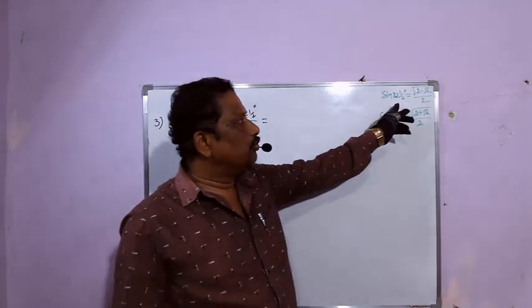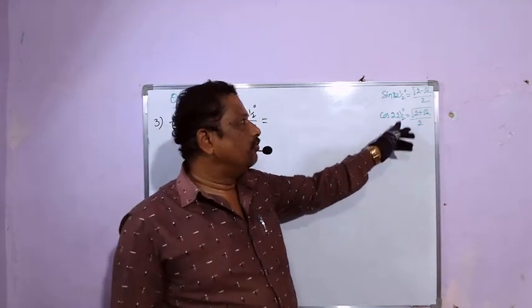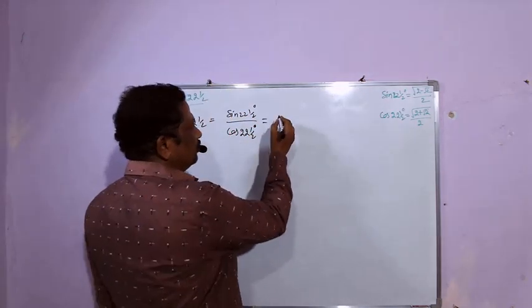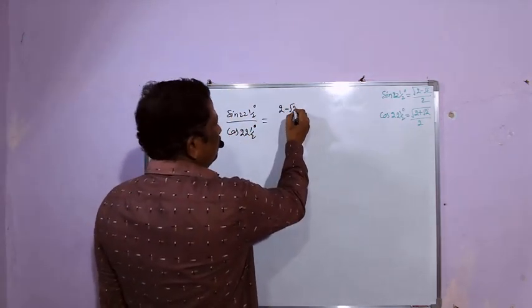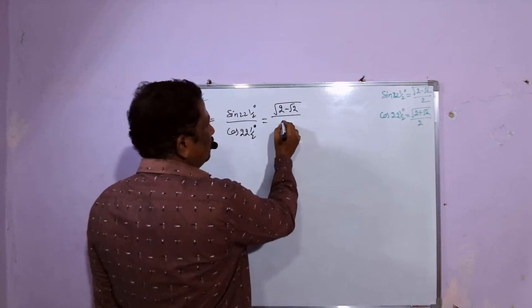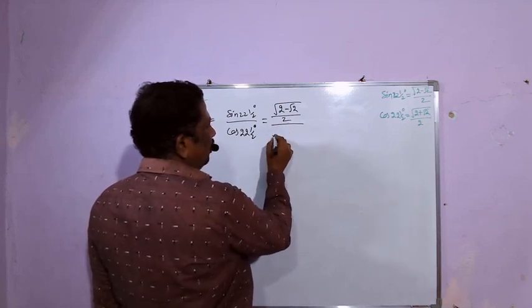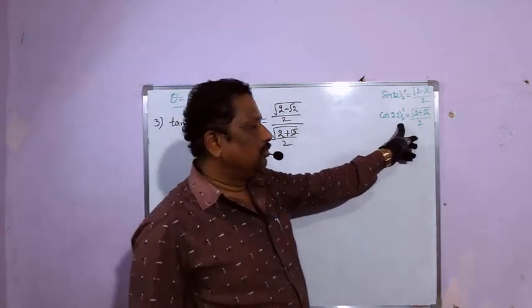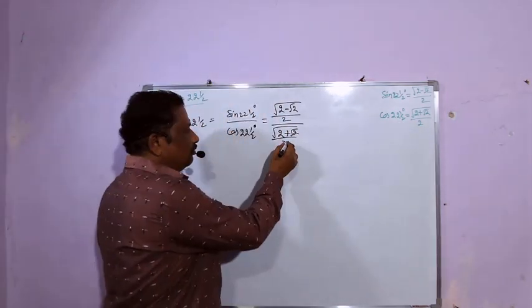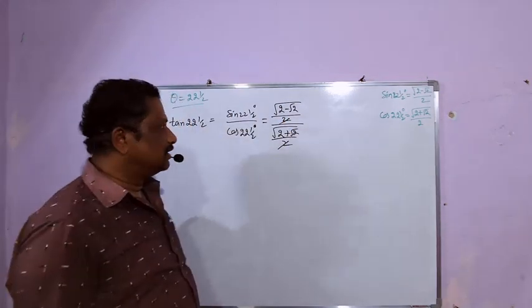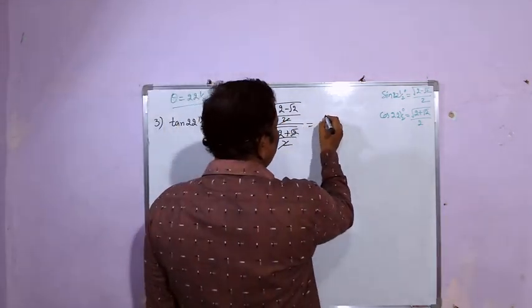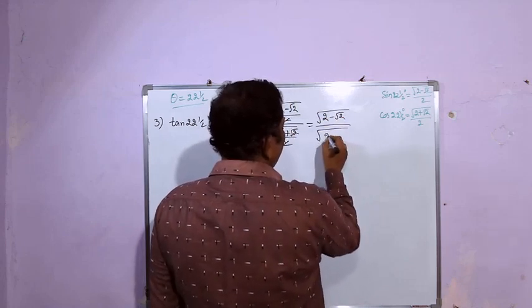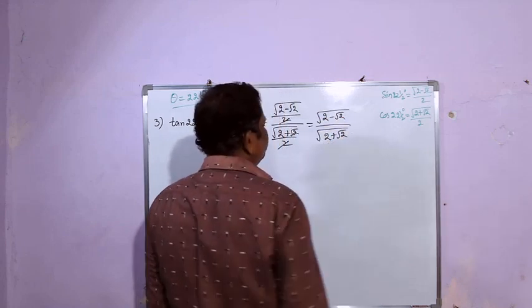We have already found sin 22.5 degrees, and we are going to substitute that value here: root of 2 minus root 2, divided by 2, over root of 2 plus root 2 by 2, the cos 22.5 degree value. So here the 2 gets cancelled. What is left behind here? Root of 2 minus root 2 over root of 2 plus root 2.